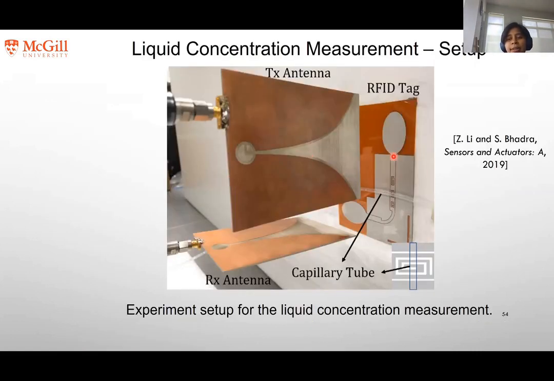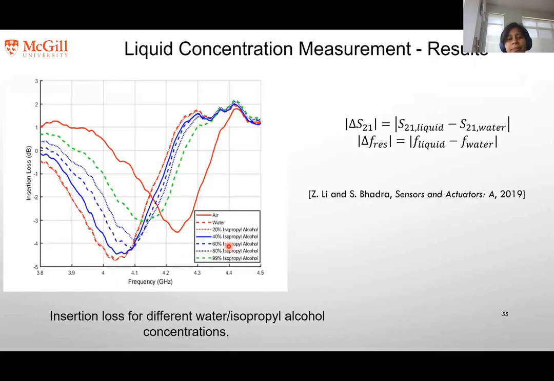So this is the setup that we have for our chipless RFID. We placed a tube on it, a microfluidic line, passed liquid through it, and measured the response of the resonator. These are the transmitter and receiver antennas.